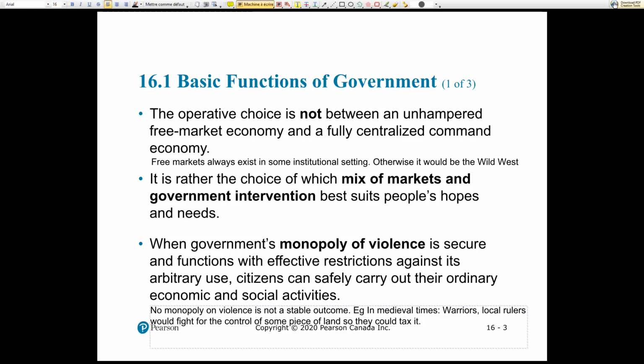And an example in modern times, the mafia in the US, or you could also say narcos in Mexico. So what happens there?